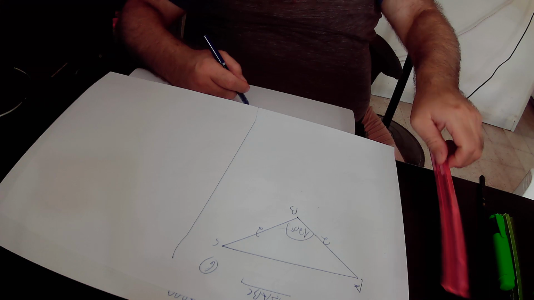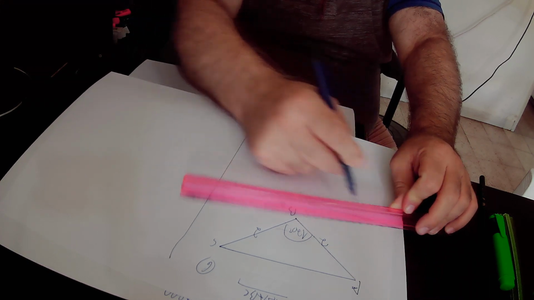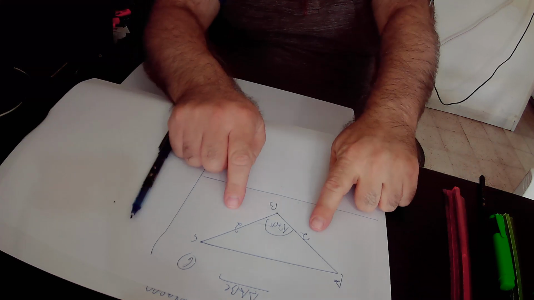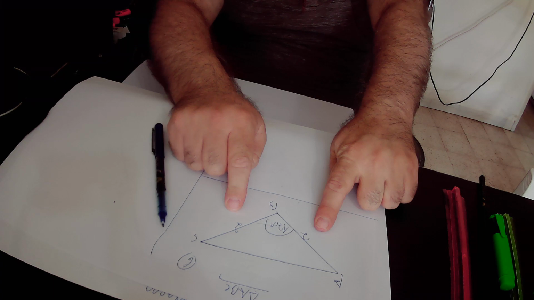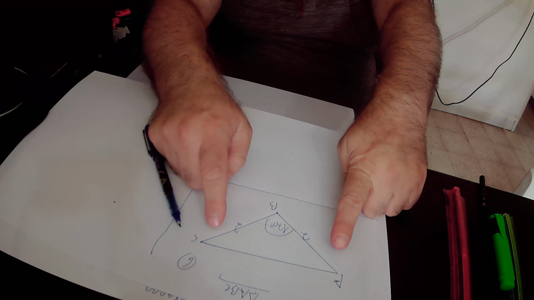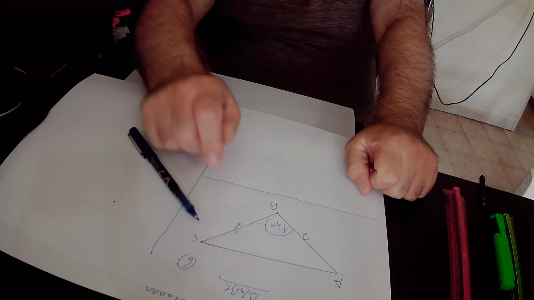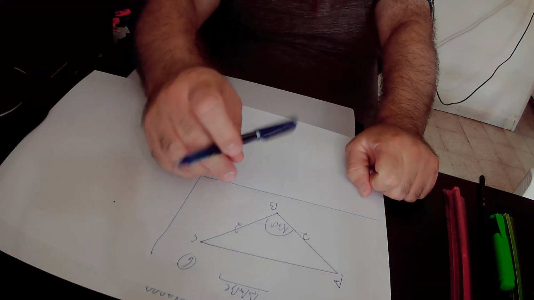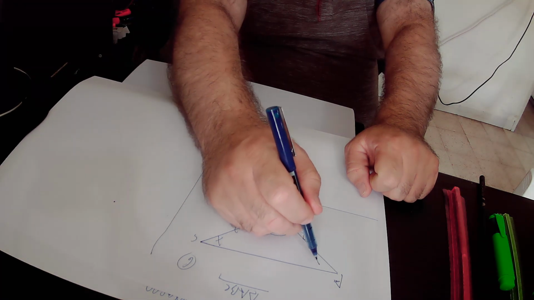And we have the rule that opposite equal sides in a triangle there are equal angles. So opposite those two sides that are equal to each other, we have two angles that must also be equal to each other. So if we define angle ACB as x, then angle BAC must also equal x.